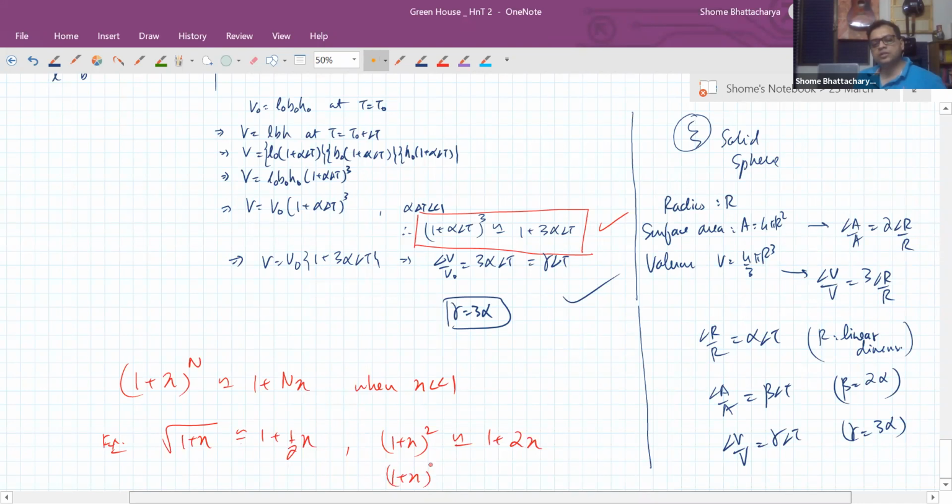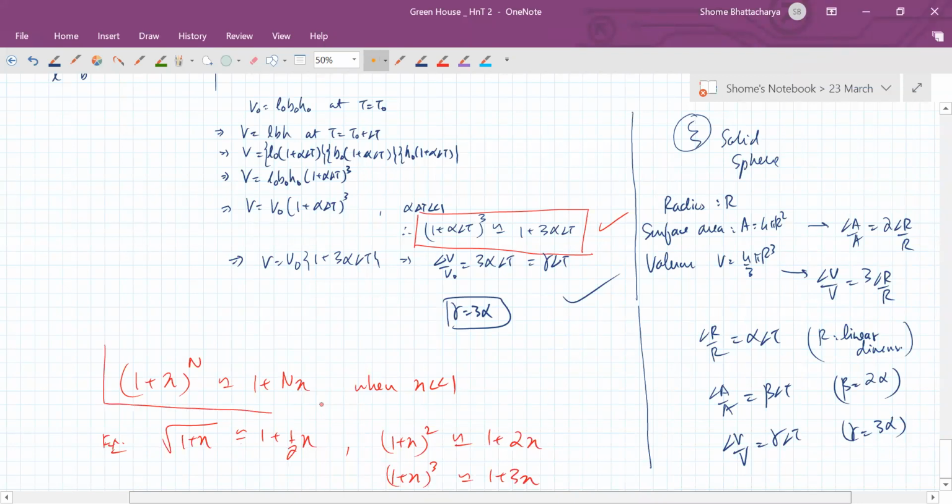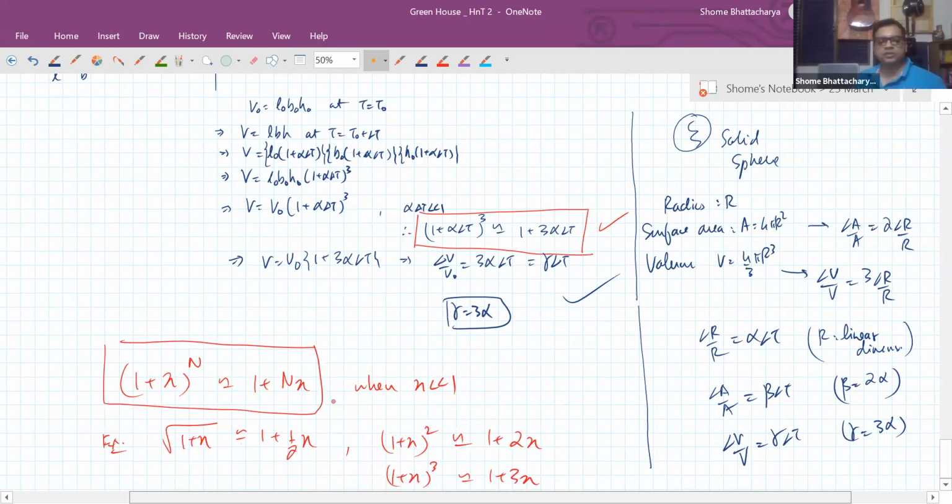Like that, over here, we're just using the value of n as 3. So it's nothing different really. This theorem in mathematics is called the binomial approximation theorem. So this is a direct application of that theory.